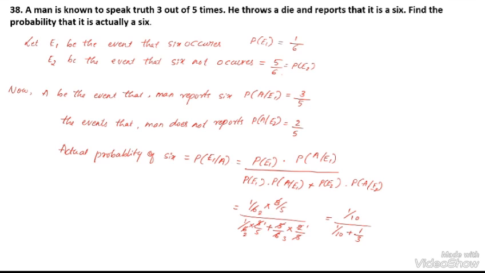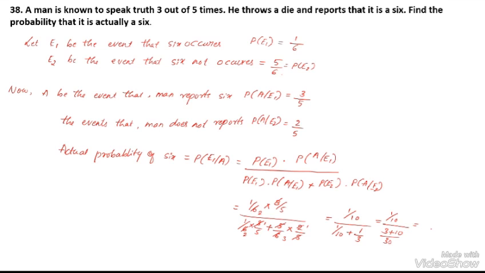Now calculate. Taking the LCM, it is 3 plus 10 divided by 30.